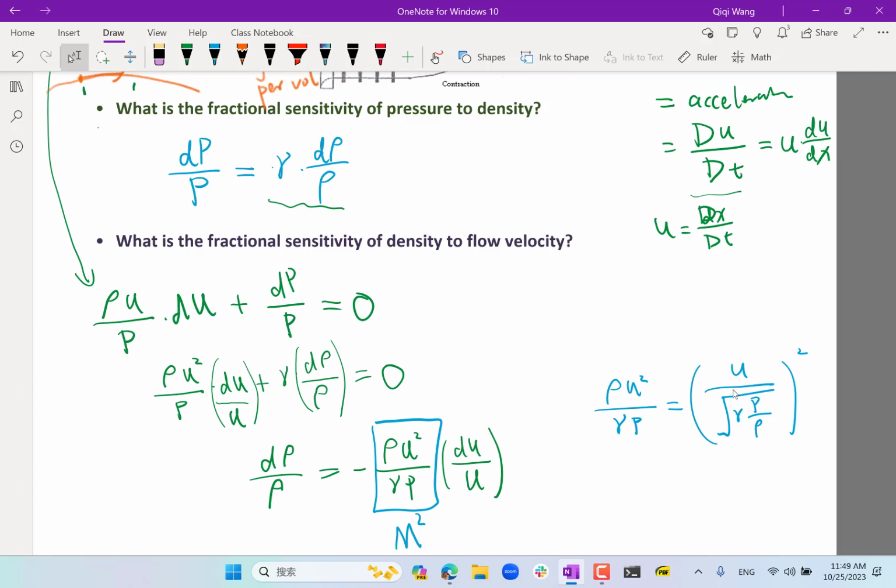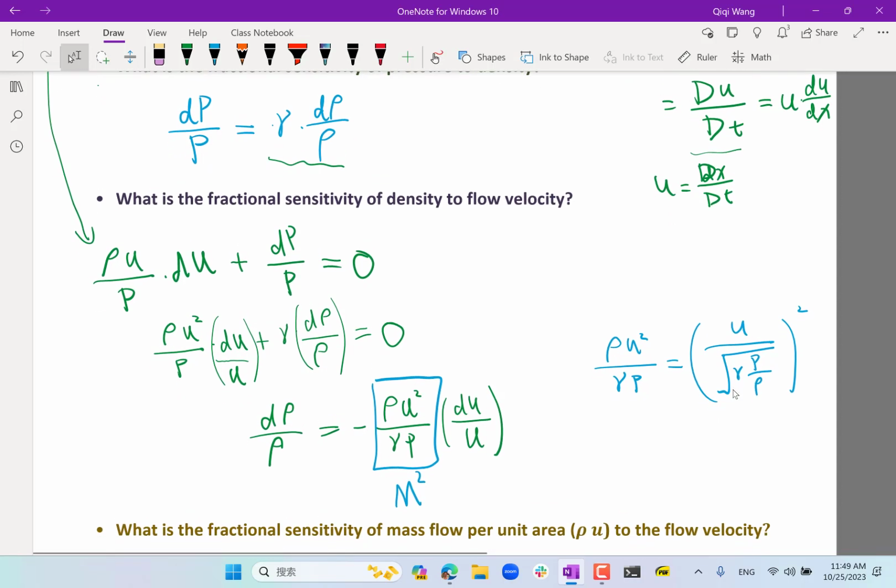Then as a result of a decrease of area by 1% and a decrease of density by 0.5%, the area times density would decrease by 1.5%. So the velocity would have to increase by 1.5%. So things don't work the same anymore, right?